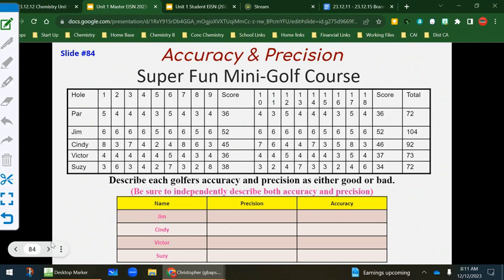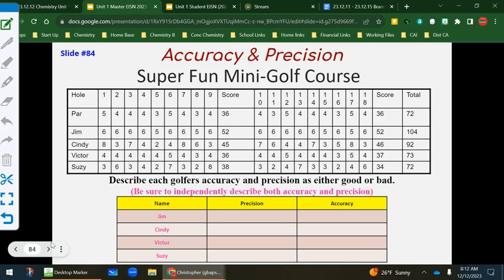Here's Jim's score on every hole on the front 9, every hole on the back 9. What do you notice about his scores? What can you tell me about Jim's scores, Jara? The numbers, at least, are larger than they would be. Okay, but when you compare the numbers, 6, 6, 6, 5, 6, 6, 5, 6, they're fairly close together.